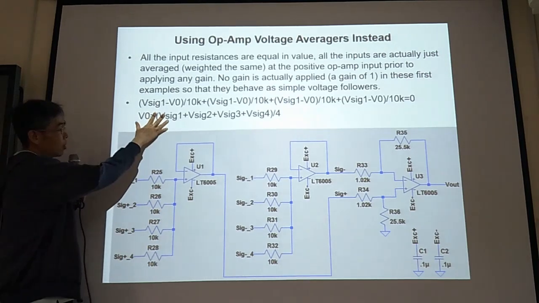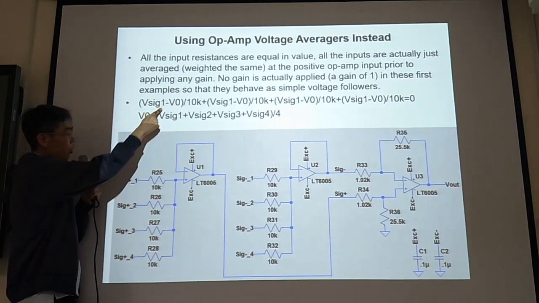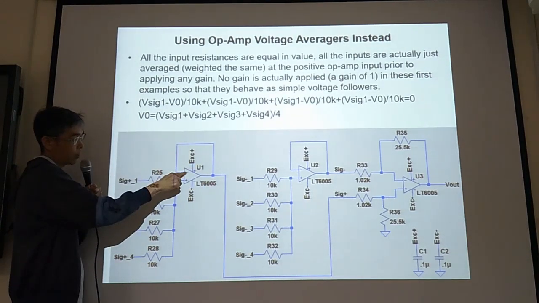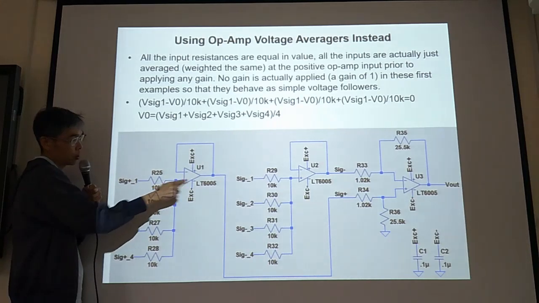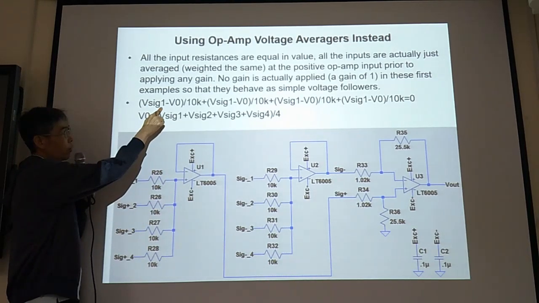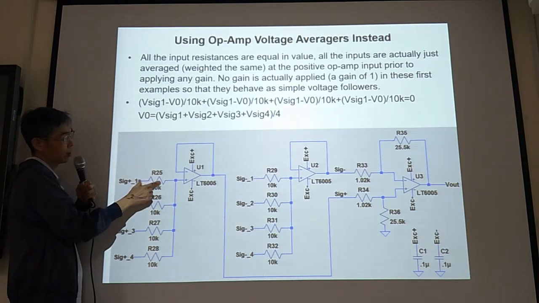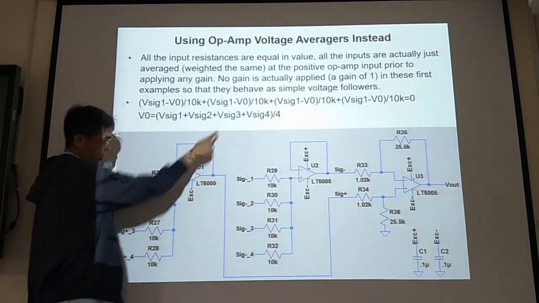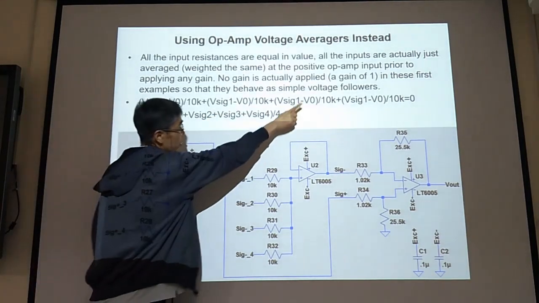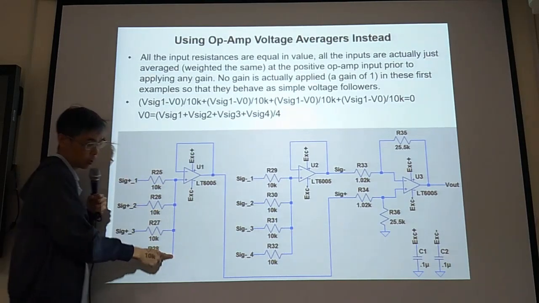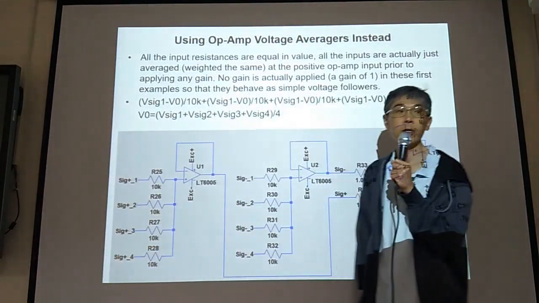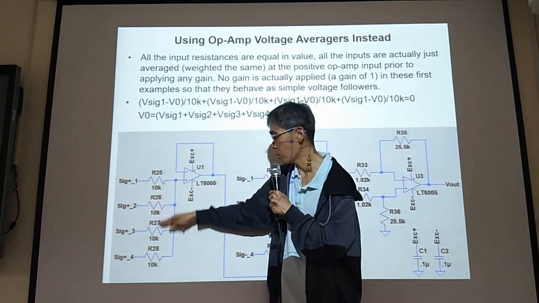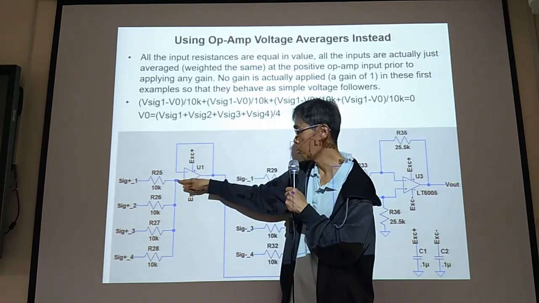Okay, we got an equation here. V sig 1 here, this is VO. VO equals V minus, V minus equals V plus. So this point is VO. So the current is (V sig 1 minus VO) divided by 10K. And the current here, this one, the current here, this one, and the current here, this one. So use Kirchhoff's current law: I1 plus I2 plus I3 plus I4 equals I out.